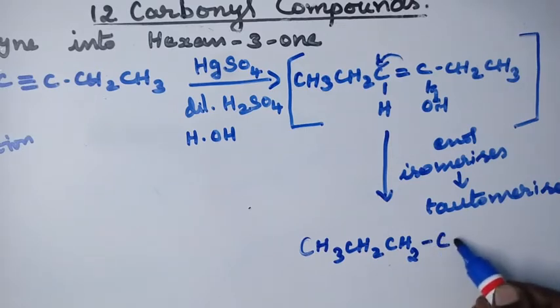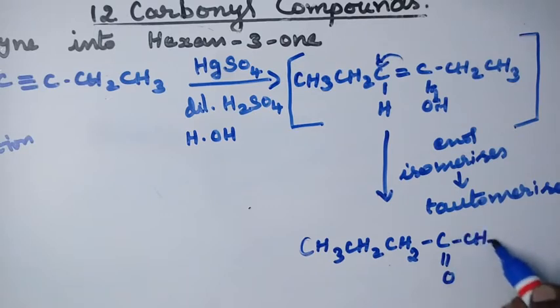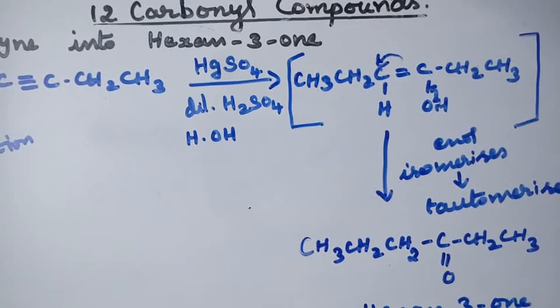Then it becomes a single bond, C double bond O, CH2CH3. This is hexanone. At the third position there is a double bond to oxygen, so it is hexan-3-one.